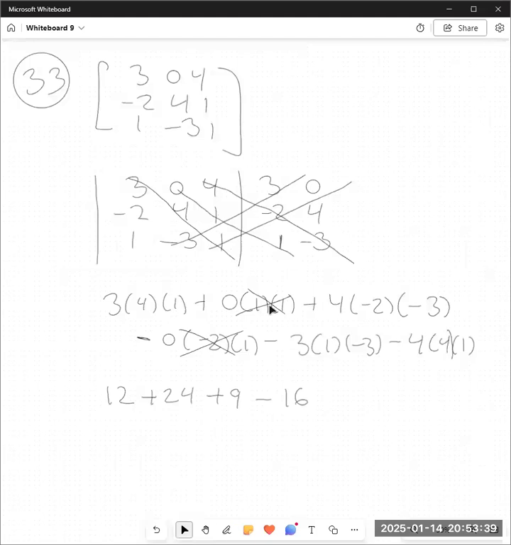So I have a 35 minus 7 is a 28. Sorry, this is 30. What did I say? 35. 36 minus 7 is a 29.